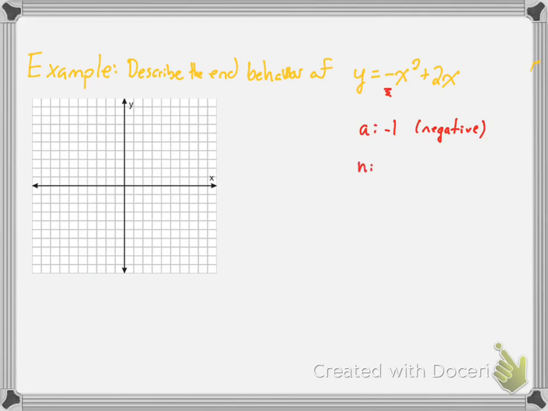Further, my n value, or my degree, is 2, so it's even. In our chart, we saw that if our a is negative and our n value is even, that would relate to a down and down situation. If you graphed this, you would see that our graph is going to go something like this. Since going from the left or right of that graph, both of these are going down forever, that's what makes it a down and down situation.